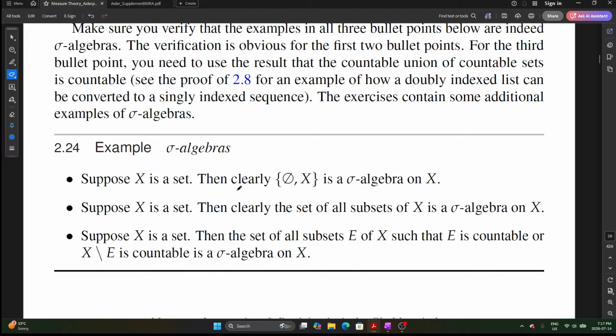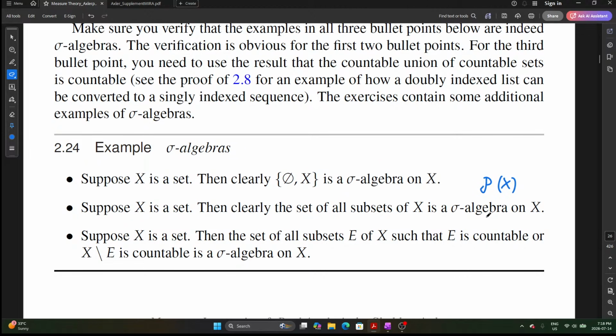As we mentioned, the smallest sigma algebra is this one, the empty set and X. Next, the largest sigma algebra is the collection of all subsets, the power set, usually denoted as scripted P of X. The power set is obviously another sigma algebra.